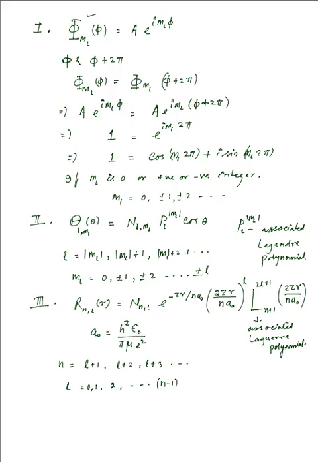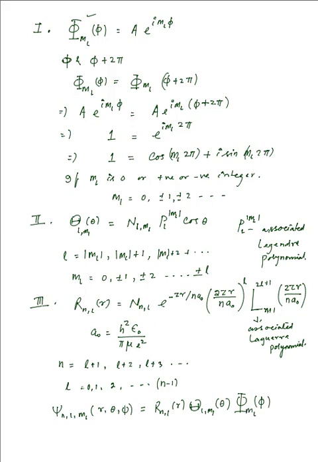Now the total eigenfunction of a one electron atom can be written as follows: psi n L ml, dependent on r, theta, phi, is equal to R n L, dependent on r, times theta L ml, dependent on theta, and phi, the product of all of these three functions.